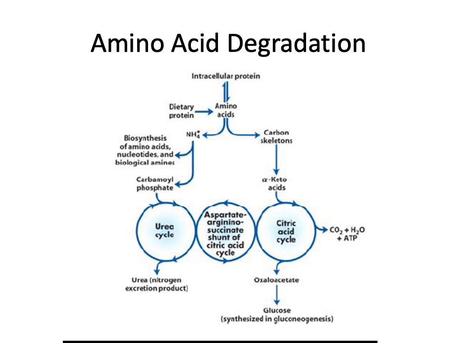The carbon skeletons can then feed into the TCA cycle directly or through pyruvate, which can go in either direction through the TCA cycle or back into glucose. And there's this direct connection between the urea cycle, which is used to get rid of the excess nitrogen, and the citric acid cycle, or TCA cycle, through the argininosuccinate.